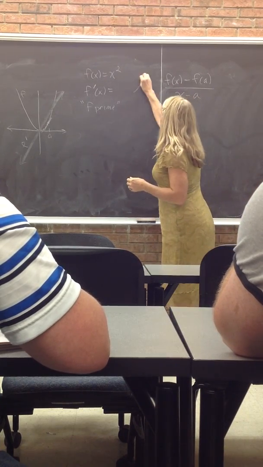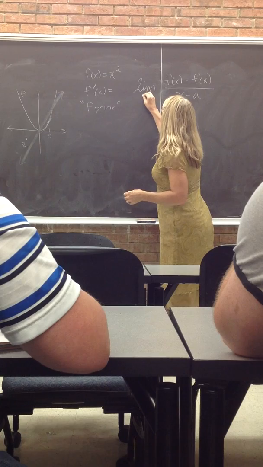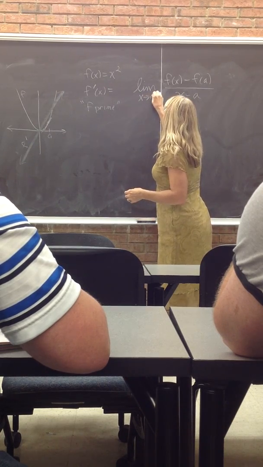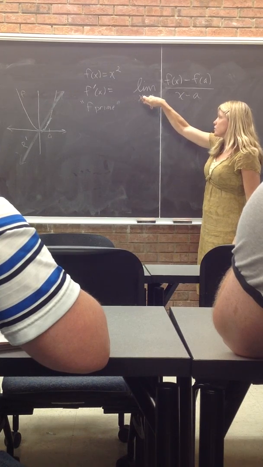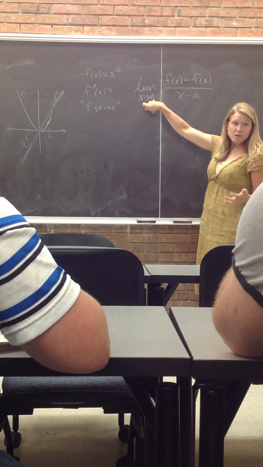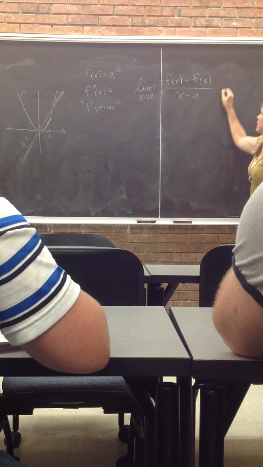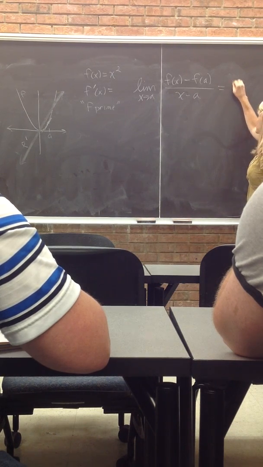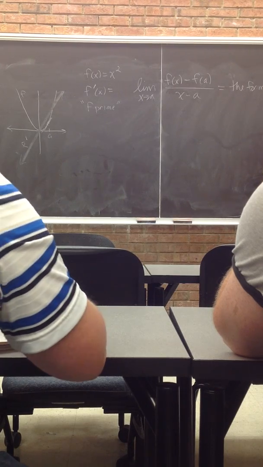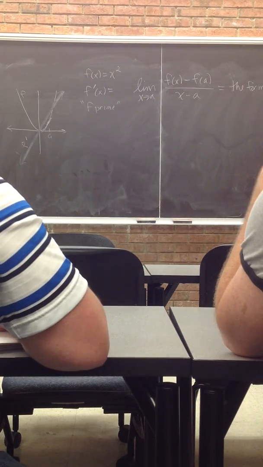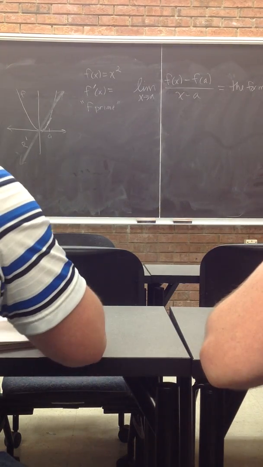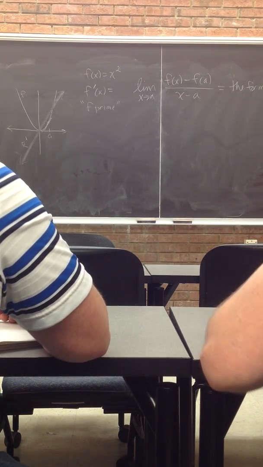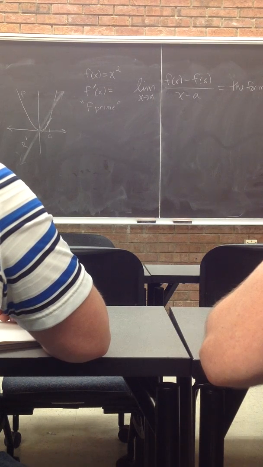If I take the limit as the x's that I'm picking get closer and closer and closer to the special A that I'm interested in, this is one of the versions of the formal definition of the derivative at x equals A.